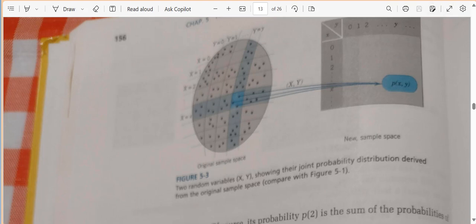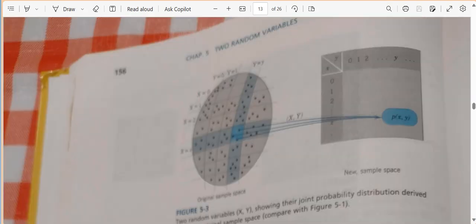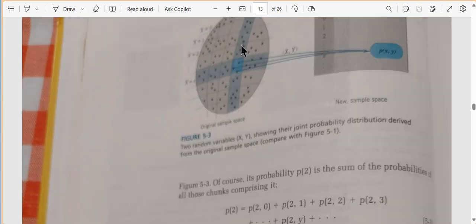You can compare this with figure 5.1, which, remember, looks like this. Here x and y are also partitioning the sample space. Here we see where x equals 1 is. If we want to see where x equals 2 is, that's where we have two girls. So that's this one, and I think one other one. Anyway, x and y still partition the sample space, just like here.